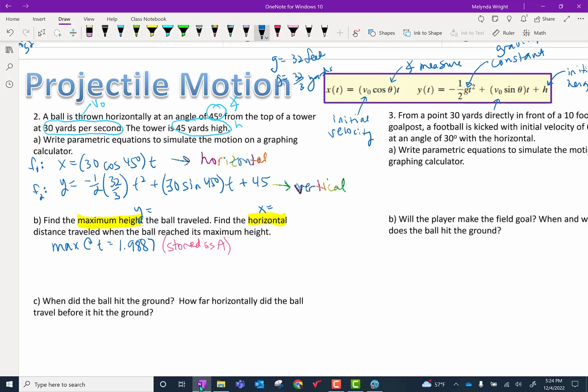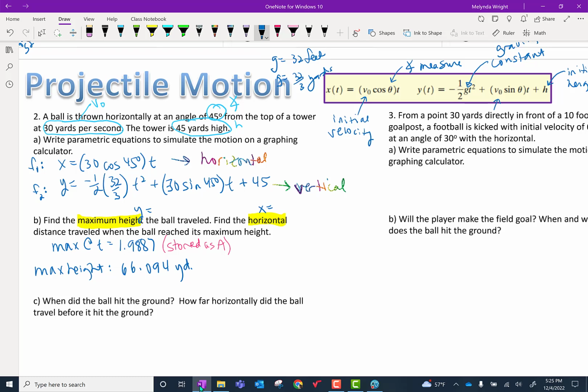You know, who knows what can happen? Maybe I'll forget. I stored it as A. So we saw from our graph the max height was 66.094 yards. Now recall, unless we are told otherwise, our default is thousandths. Okay, our default is thousandths.